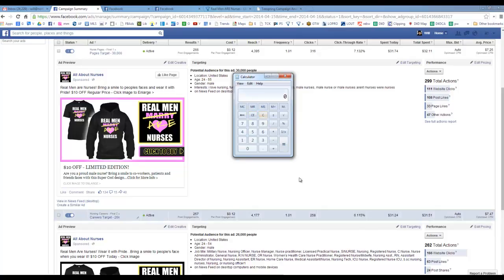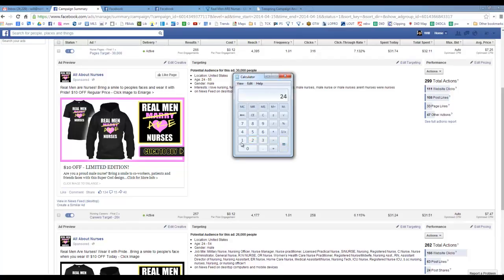And then what was our other one? 3151 divided by 166 equals 19. So if we go 19 plus 29 divided by 2, 24 cents a click is what it's been costing us.